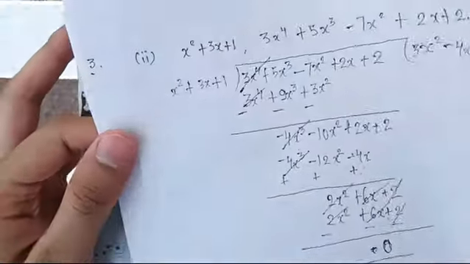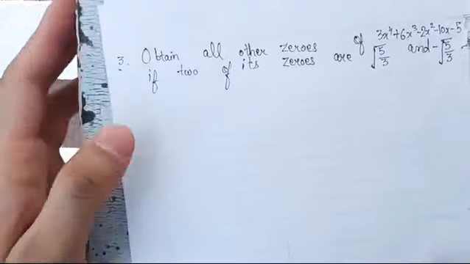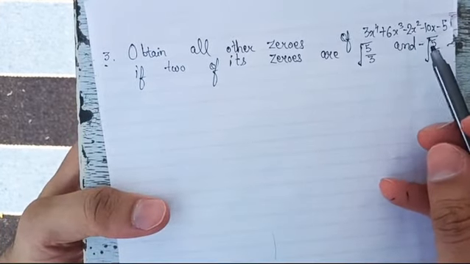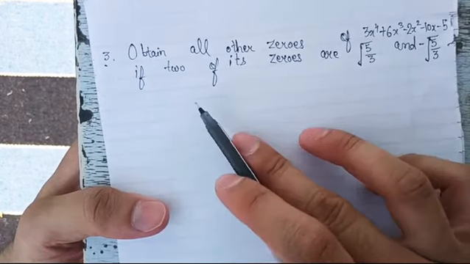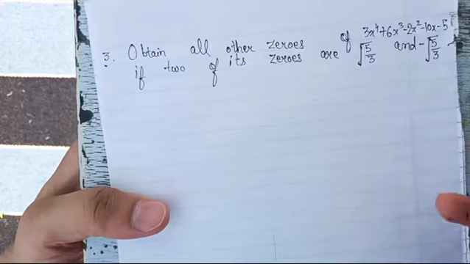Now moving to the next question, the third question. Obtain all other zeros of 3x to the power 4 plus 6x cube minus 2x square minus 10x minus 5, if two of its zeros are given, root 5 upon 3 and minus root 5 upon 3.